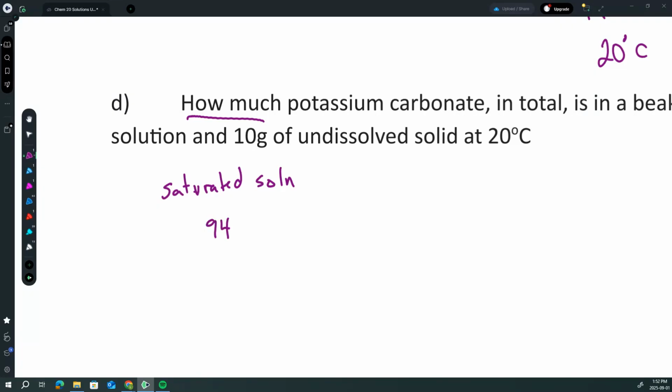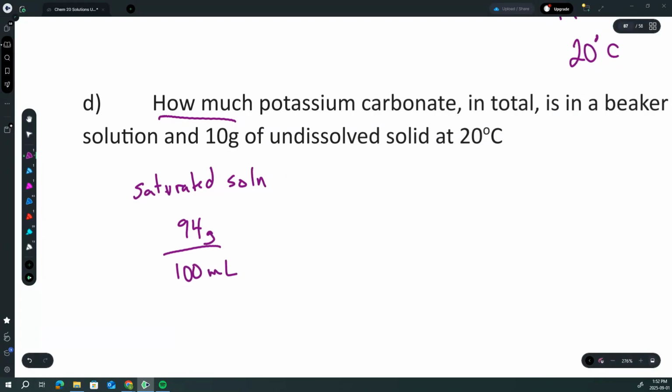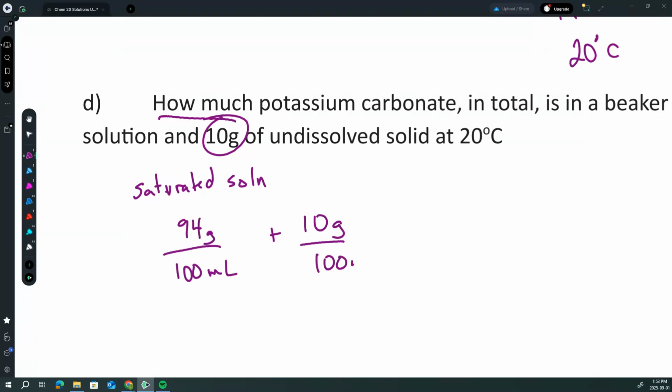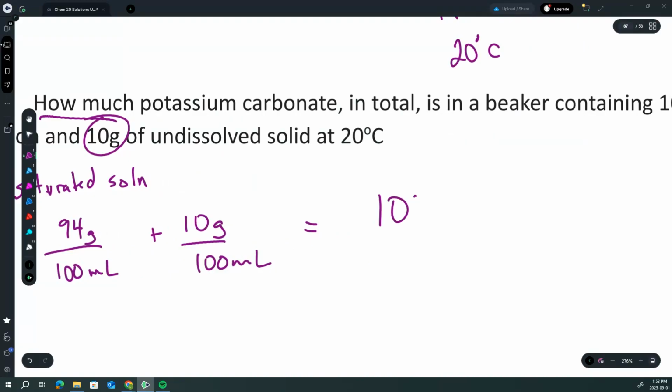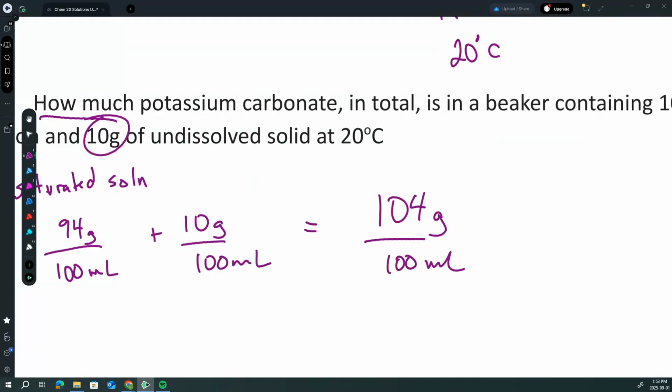So 94 grams per 100 milliliters. Okay, and now we also have to figure out, okay, we have an additional 10 grams, so plus 10 grams within that 100 milliliters that we have. So we have 104 grams in that 100 milliliters.